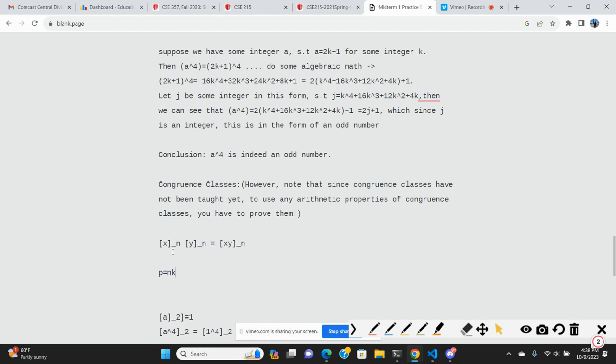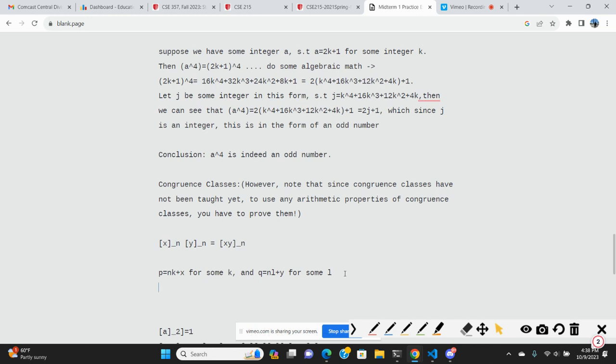So p is equal to nk plus x for some k, and q is equal to nl plus y for some l. And remember, the congruence class of x is the set of all numbers that give the remainder of x when divided by n.